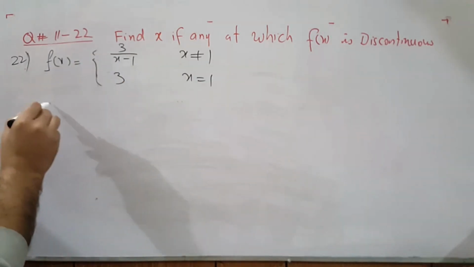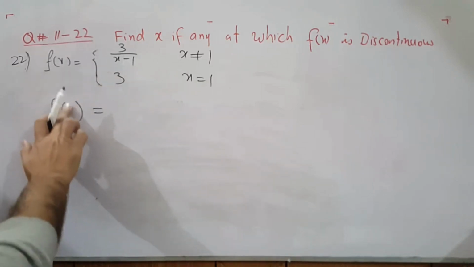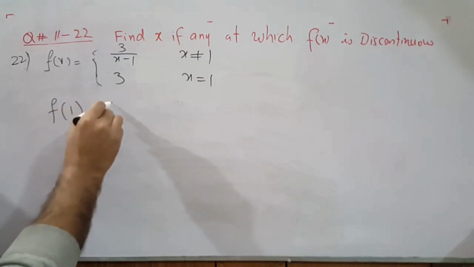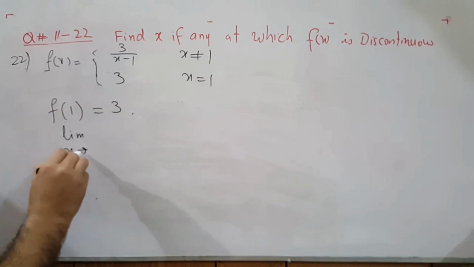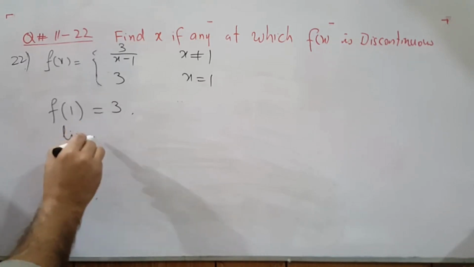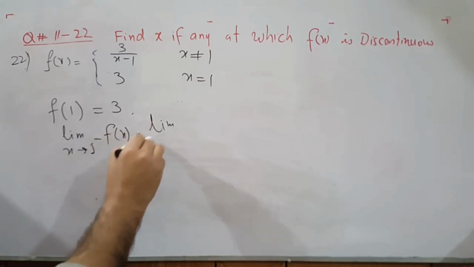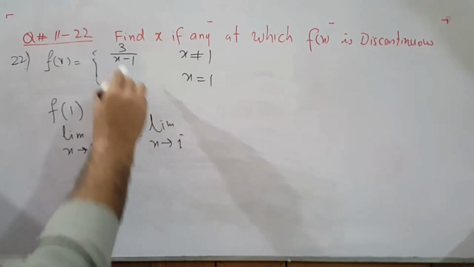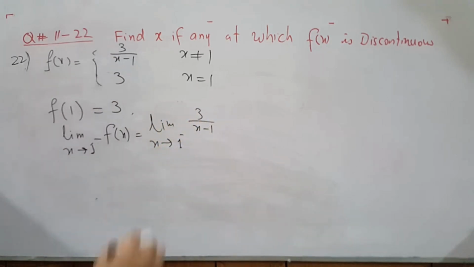Now we can see the function at 3, again you have to find out, at x is equal to 1, the function is 3. Now we have to find out whether the limit, when x approaches 1 from the positive side, or you can say from the negative side first, of f of x. When x approaches 1 from the negative side, we have 3 over this one, and we put the values.